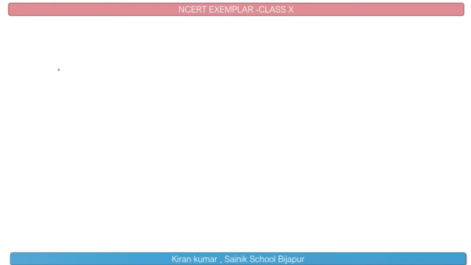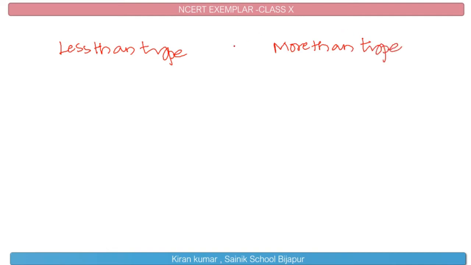So let's do that. First, let me write this side as less than type, and towards the right I'll write more than type. In the less than type, I'll make two columns.